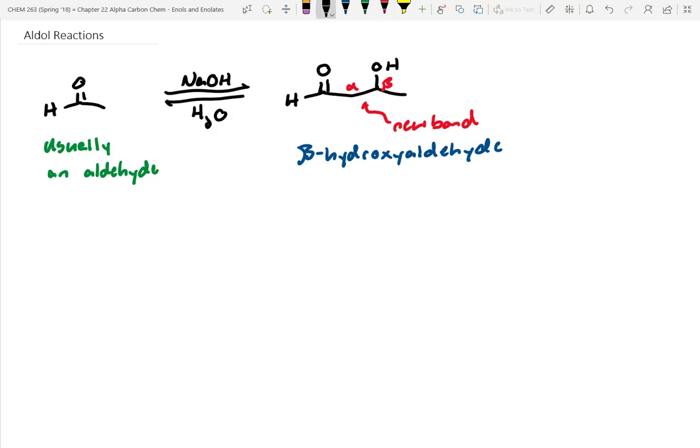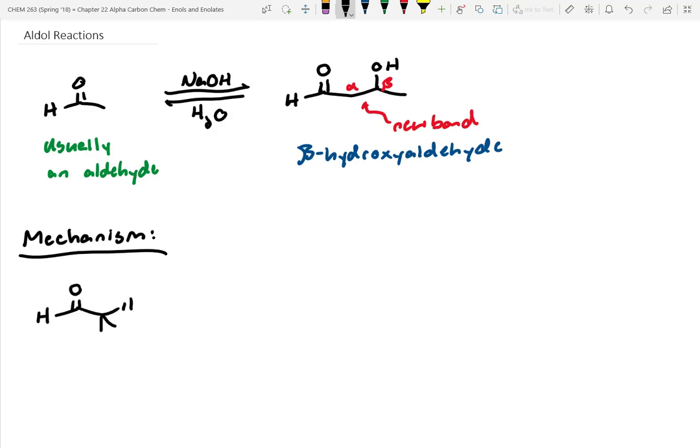So let's take a look at the mechanism. And just like we saw before, alpha protons are relatively acidic. So if you have hydroxide around, this hydroxide is going to pluck off one of these alpha protons.